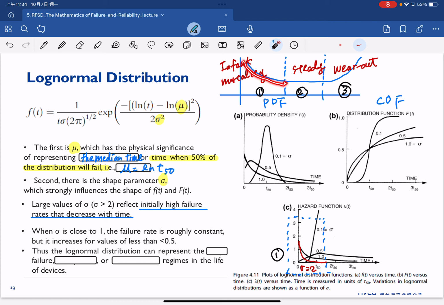And the cool thing is that we are not limited to modeling just this region; we can also model this region as well. So where is the steady state? The steady state is roughly equal to a constant, which is here.